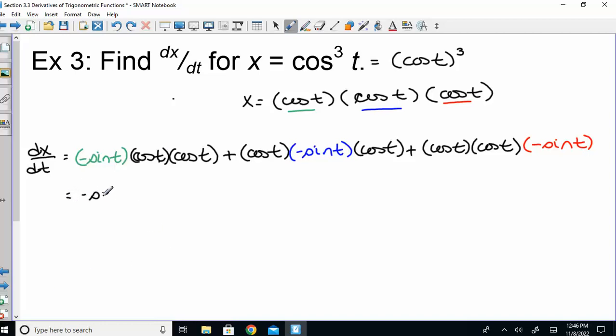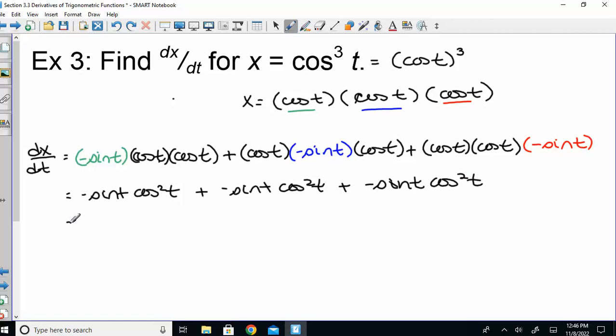So, if we simplify this, I have negative sine t cosine squared t plus negative sine t cosine squared t plus negative sine t cosine squared t. All these are the same, so we can add the coefficients.